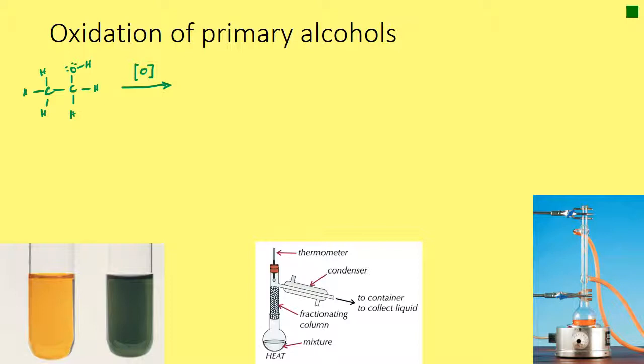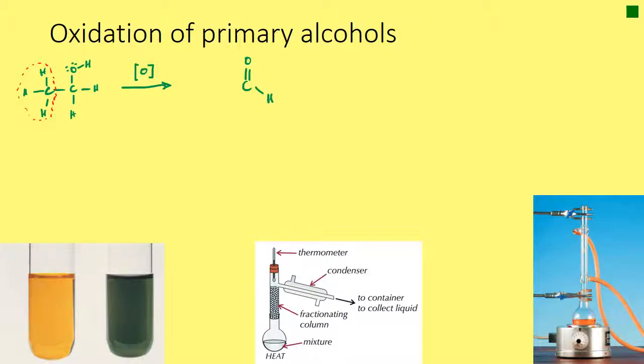And the product that we get with a primary alcohol, you can see a primary alcohol has just got 1 alcohol group coming off and 2 hydrogens, so it's a primary alcohol. And what we're going to get is an aldehyde. So what we've done is we've increased the number of bonds to oxygen in this oxidation process, which is one definition of oxidation.